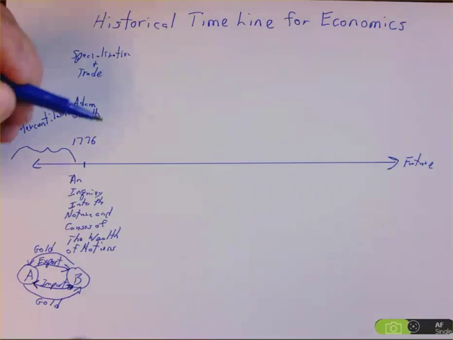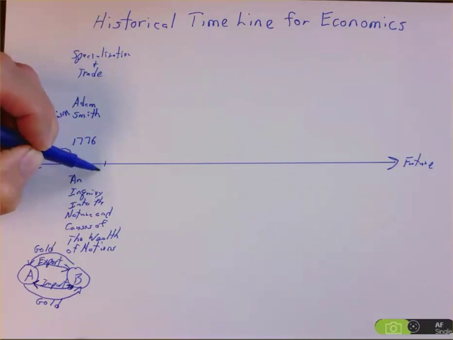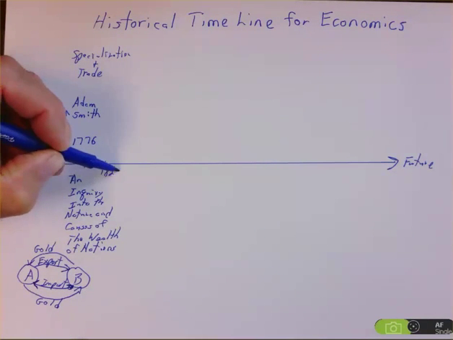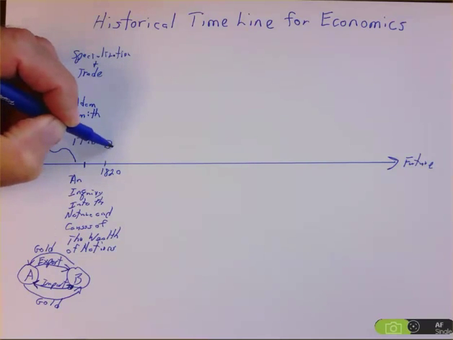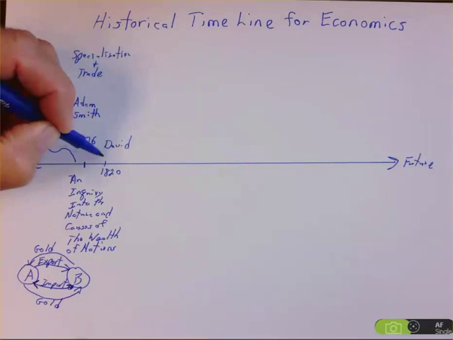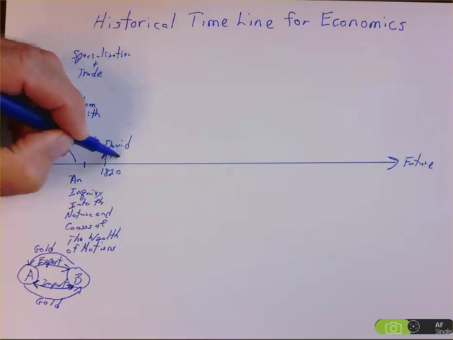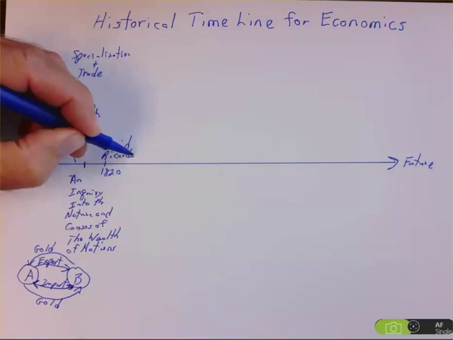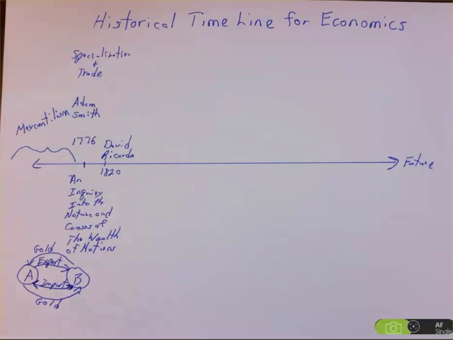Then the next person of note comes around 1820, and this is David Ricardo. So David Ricardo is sometimes known as the founder of modern trade theory. And what David Ricardo did is he took the examples of trade given in Adam Smith's book, and he just kind of said, well, these examples are all true, but they are a small subset of all the possible trading opportunities that there might be.